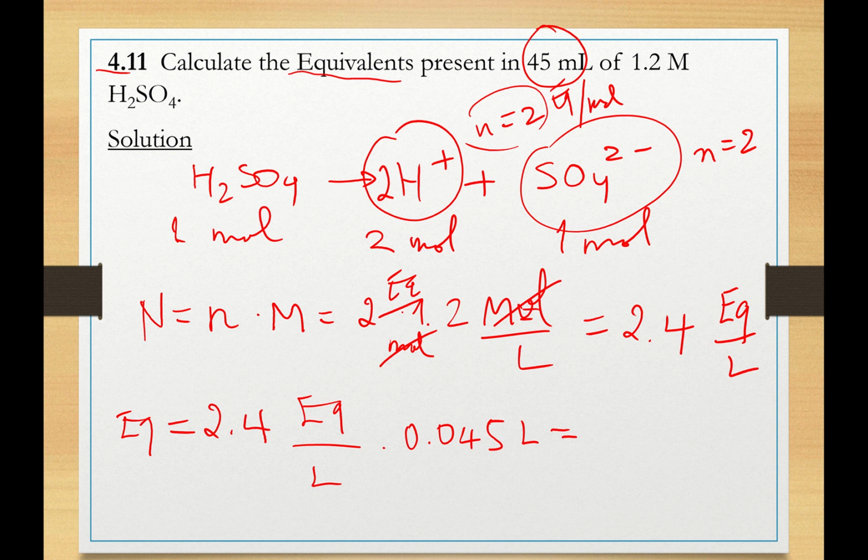So that's 0.108 equivalents of sulfuric acid, or of hydrogen plus, or the sulfate root over there. Okay, nice. So again, the definitions we've given for the units of concentration are supposed to be applied in order to solve these problems. You're not going to memorize these definitions, but to understand the definitions.